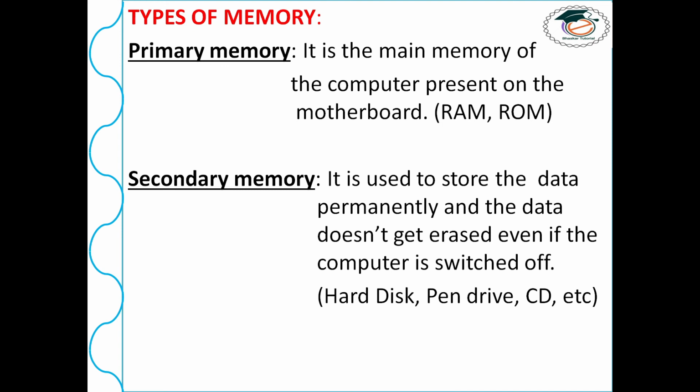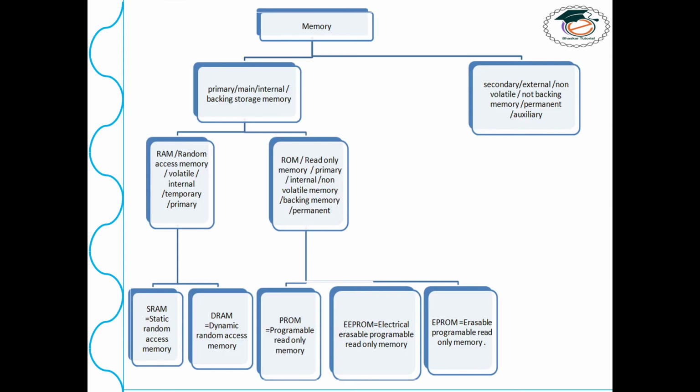This is just an example for you to understand. And primary memory is just like a desk and bench where you keep your books for a time being. I hope you understand very nicely.